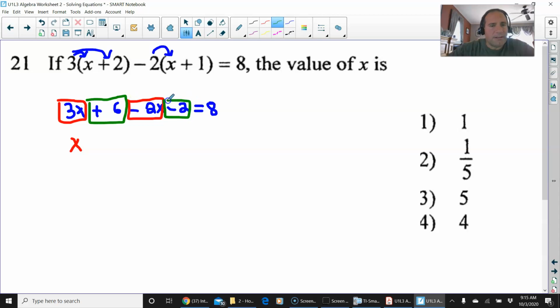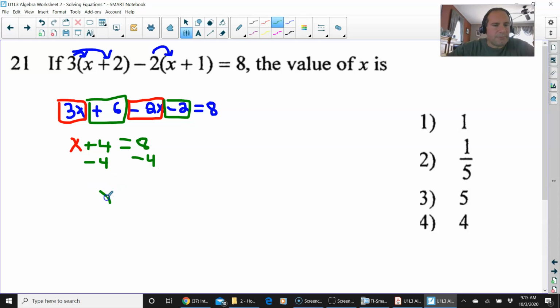That can be combined. So 6 minus 2 equals a positive 4. Equals 8. So look at that. Combine like terms, and now you have a single step equation that you subtract 4 on both sides. X equals 4.